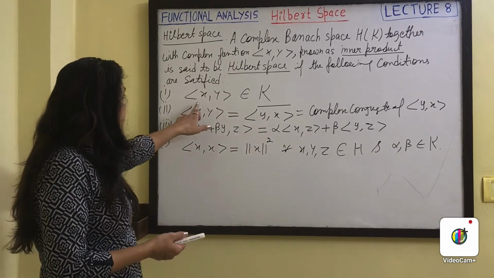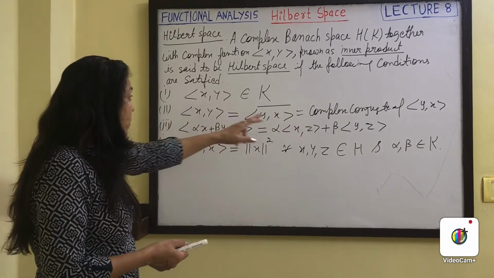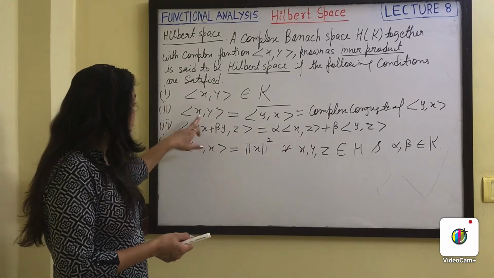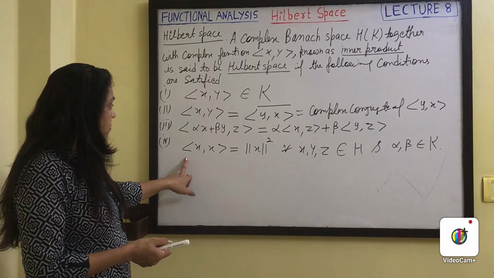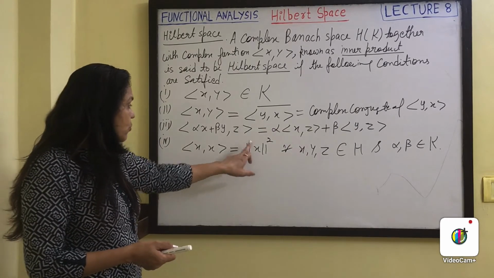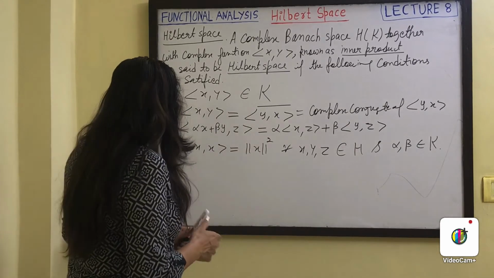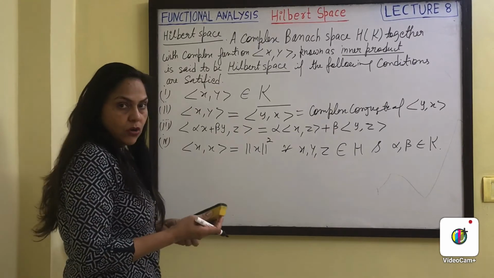The first condition is the same, inner product belongs to K. The second one is complex conjugate of inner product of y comma x is equal to inner product of x comma y. Third one is distributive property, and here it is norm of x square is equal to inner product of x comma x.